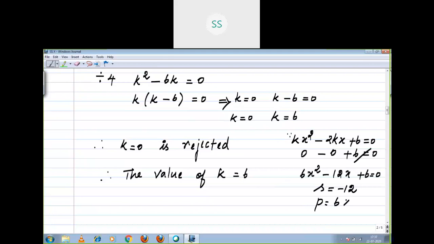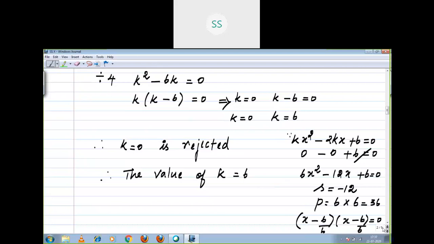Product equal to coefficient of x square and the constant, 36. See here. X minus 6, x minus 6 equal to 0, divided by 6, divided by 6, right?